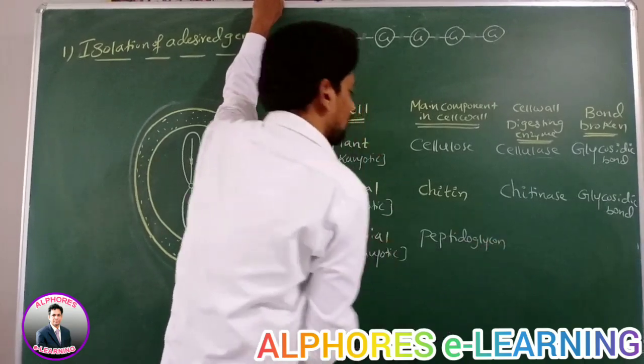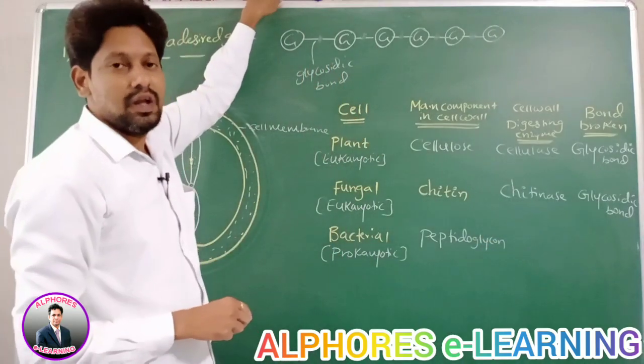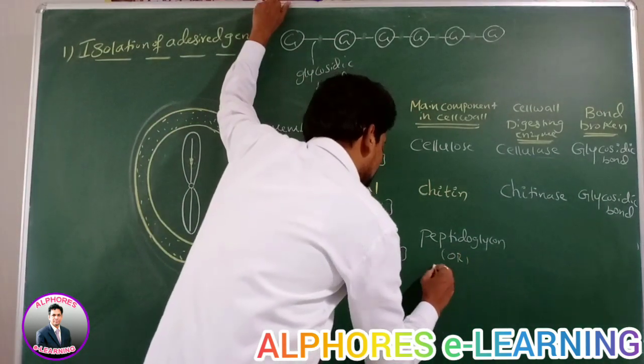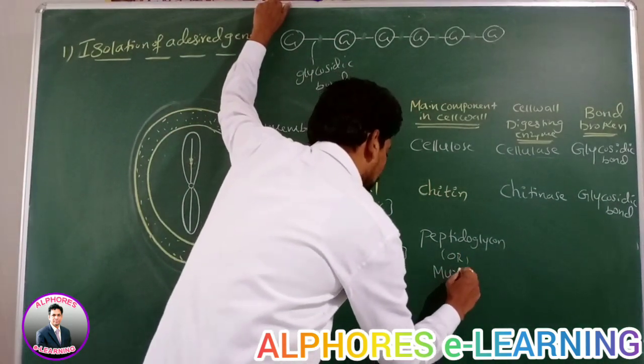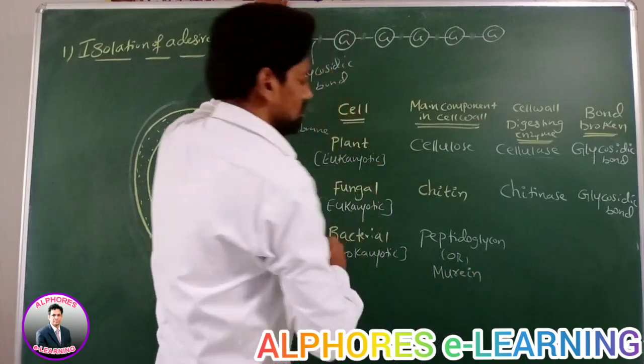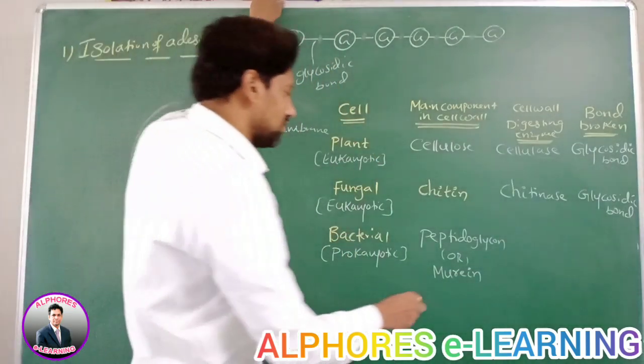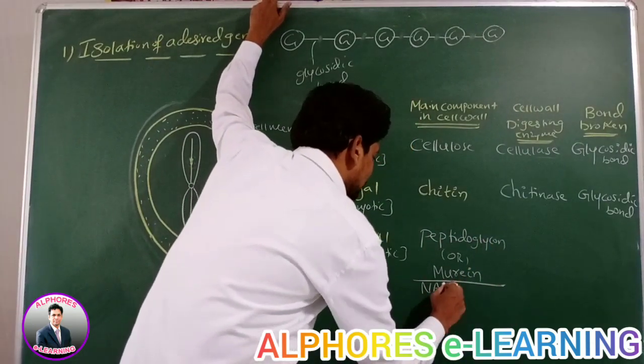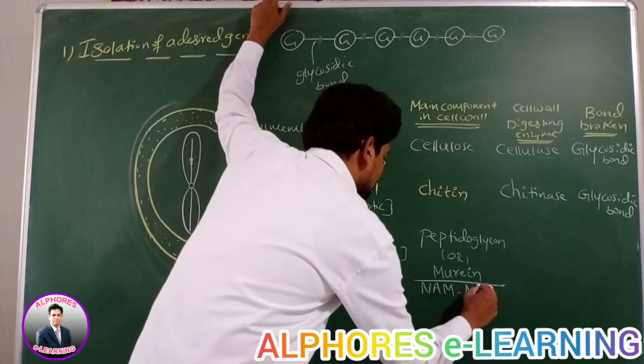Is it okay? What is another name for peptidoglycan? It is also called murein. In first year, we read that this peptidoglycan is made up of N-acetyl muramic acid and N-acetyl glucosamine.